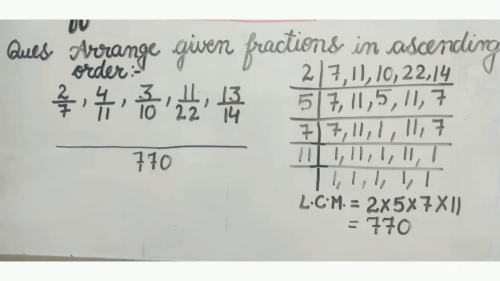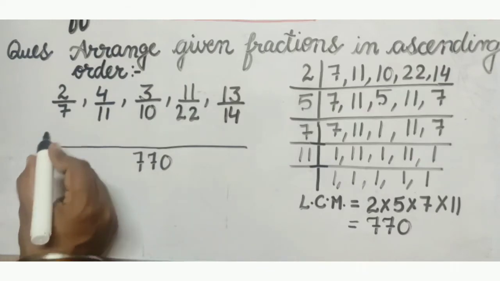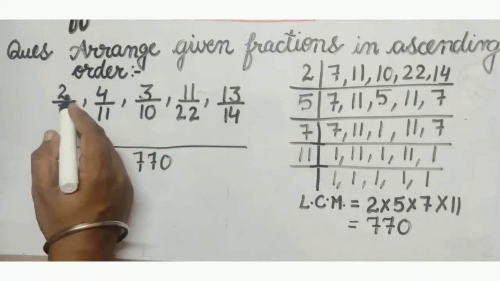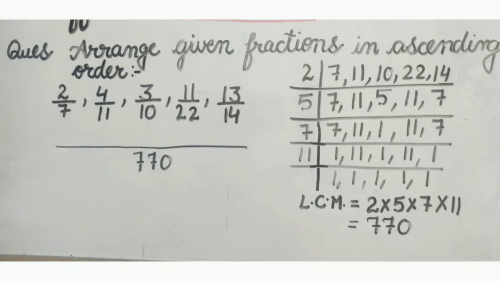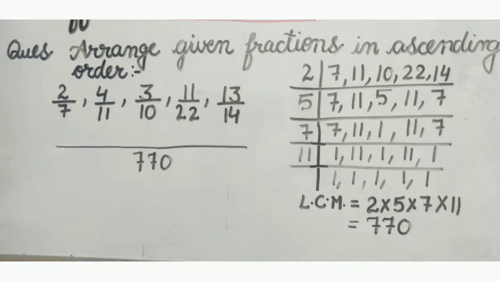Now students, when we divide 770 by 7, the answer will be 110. The third step is to multiply the result we get after dividing with the numerator. So when we divided 770 by 7, we got 110.